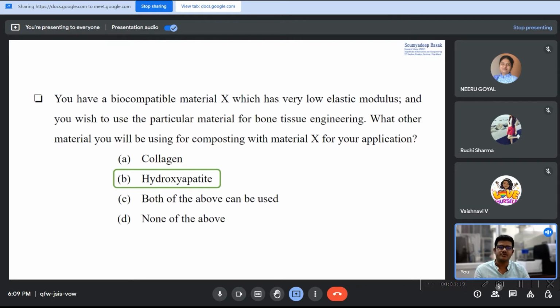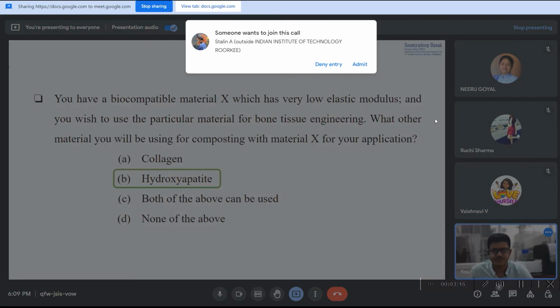So we need to supplement it with some other material like hydroxyapatite. These are strong materials that can be composited to increase the material strength. So with these questions, just think about what kind of material it is talking about.